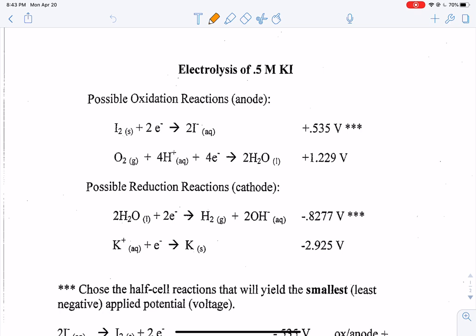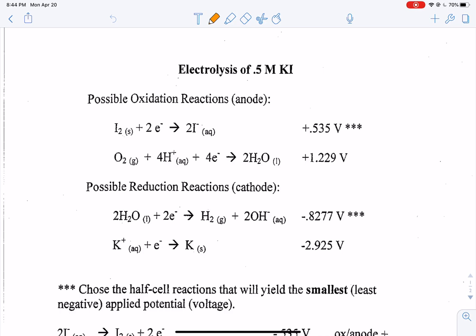When you have a concentrated salt solution, as you can see here, there are two possible oxidation reactions because you have both salt and water that you're passing electricity through. The two possible oxidation reactions, which would happen at the anode, remember oxidation is the loss of electrons, would be the one for iodine and the one for oxygen, producing water.